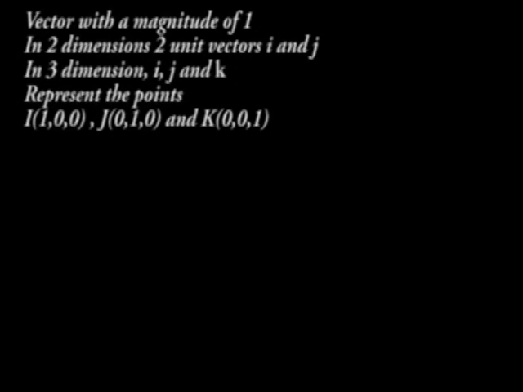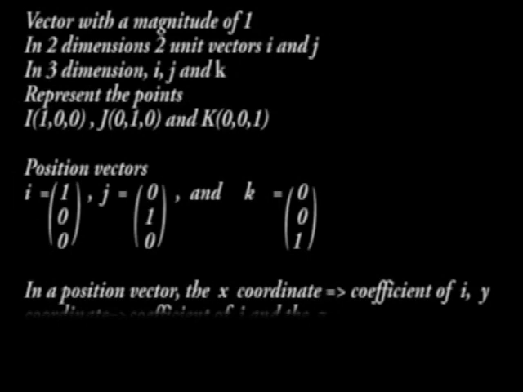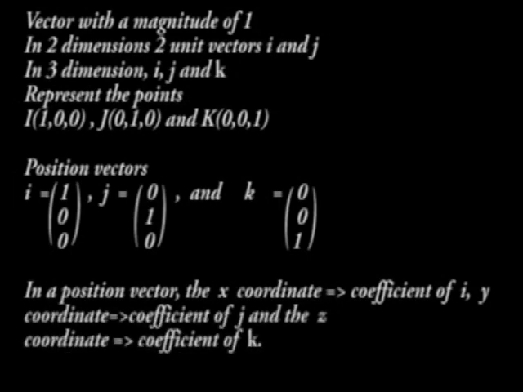Test their magnitude to confirm that it is 1. The respective position vectors are given as follows. In a position vector, the x-coordinate is the coefficient of i, the y-coordinate is the coefficient of j, and the z-coordinate is the coefficient of k.